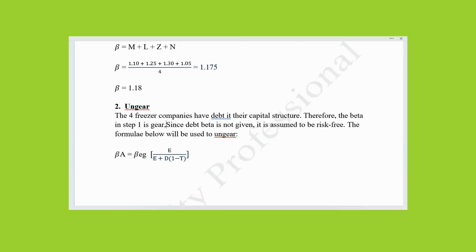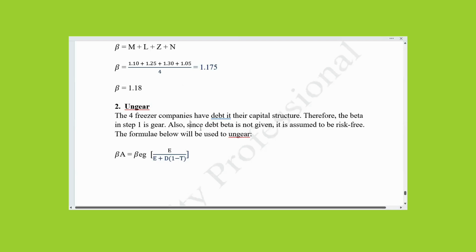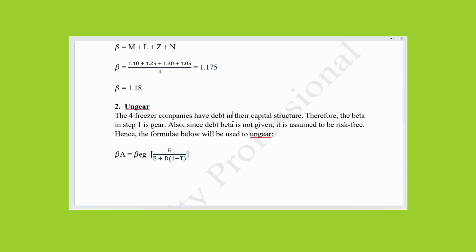Because it is geared, we need to ungear it. Also, since debt beta is not given, it is assumed to be risk-free. Hence, the formula below will be used to ungear.